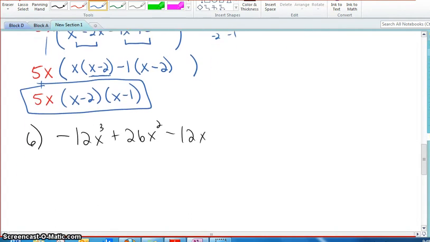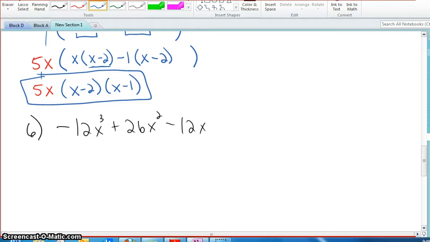Okay? What about number 6? Is there a greatest common factor? Yes. In this case, I'm going to take out a negative 2x. Left over, I have 6x squared plus 13x, minus 13x, plus 6.